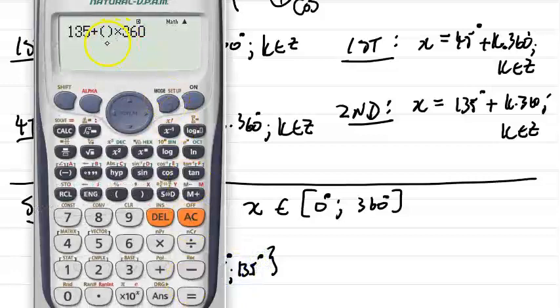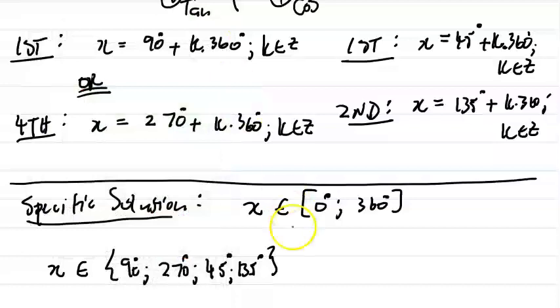If I put 1 there, it's going to be greater than 360. So I've exhausted all the different solutions. These are all of my answers that lie within this particular domain. And that's how you do a specific solution. You just take it one step further if it's a specific solution.